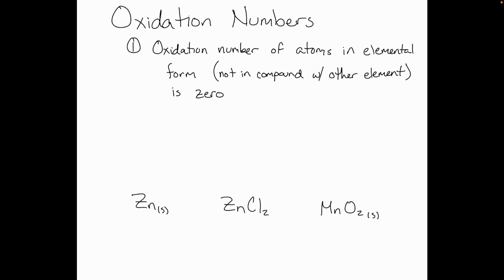The zinc, right? The solid zinc, that's zinc's elemental form. It's not in a compound with anything else. So its oxidation number is just 0. Right? Rule 1 does not apply to these other 2 examples, okay, because these are both compounds. So then we got to move on to rule 2.